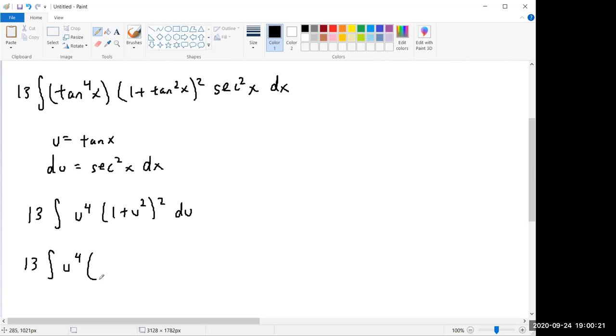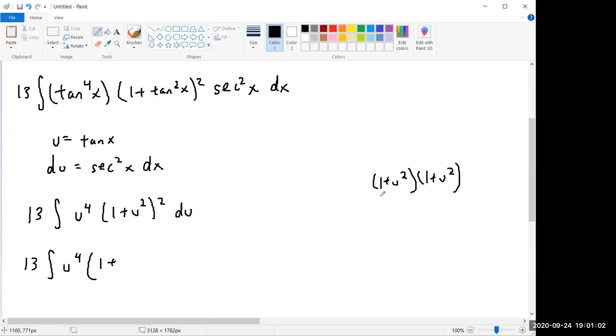It was like 1 times 1, I think, plus 2u squared plus u to the power 4. No, wait, there was supposed to be something more than that. So I guess I'll write it out: 1 plus u squared times 1 plus u squared. FOIL. Yeah, I forgot what that meant.